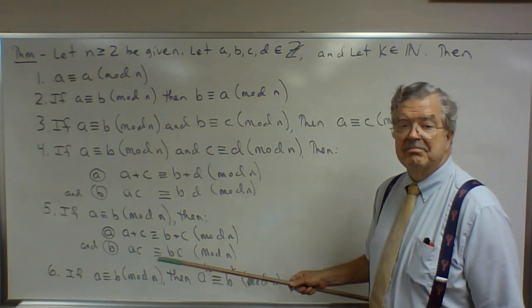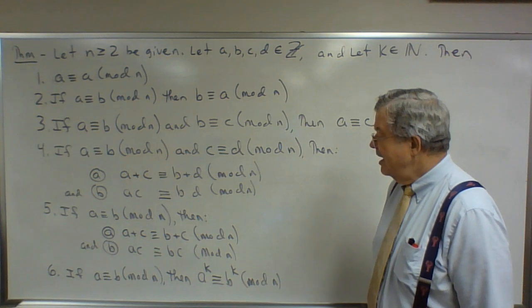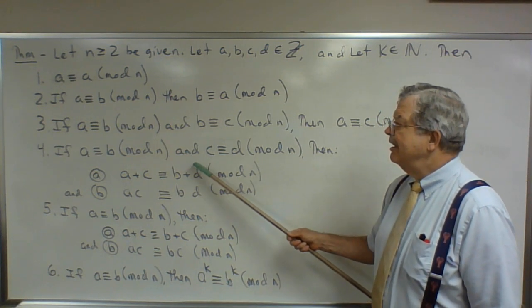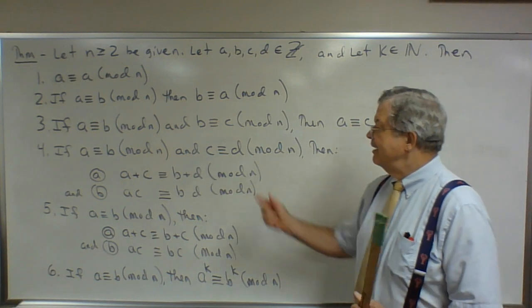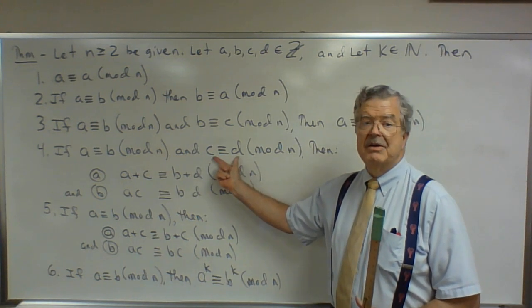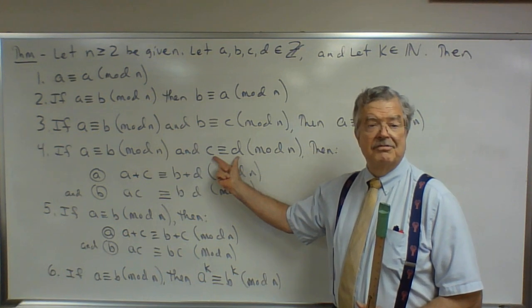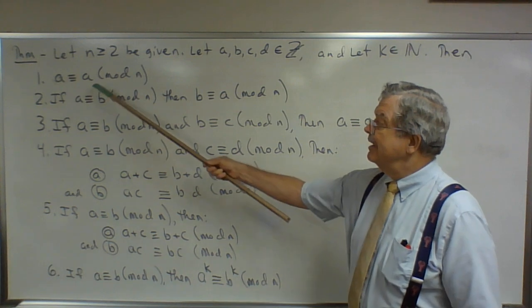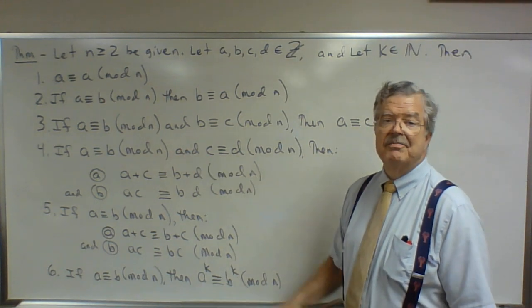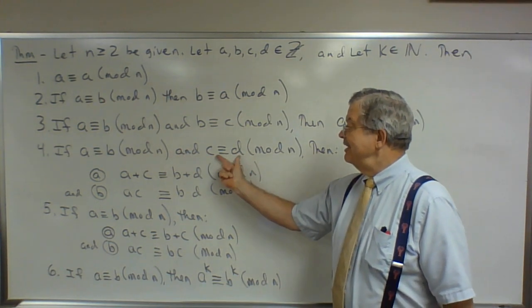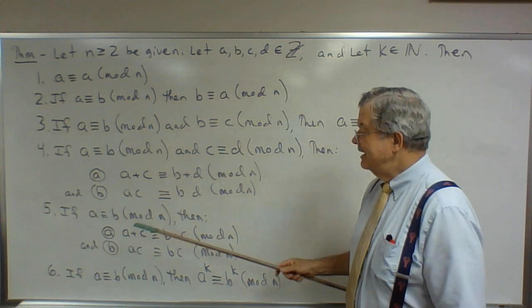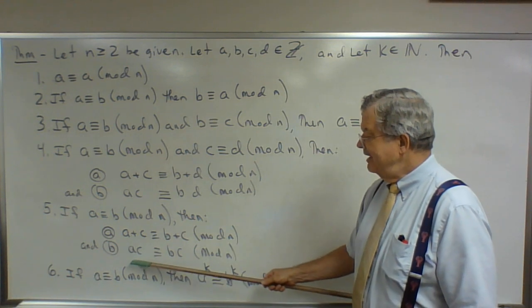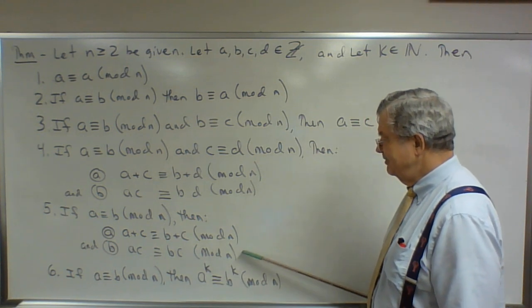We still have an equation. This is actually, though, a special case of number 4, where C and D happen to be equal. And of course, every integer is congruent to itself. So if we just say that C and D are congruent, we get 5. A plus C is congruent to B plus C. A times C is congruent to B times C.